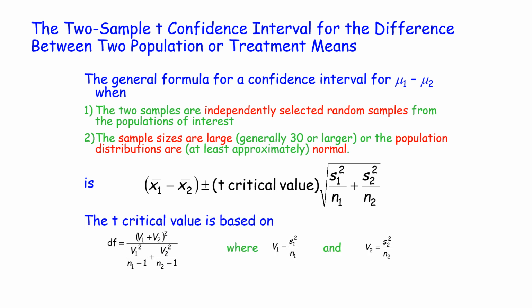The t critical value is based on our degrees of freedom, where v sub 1 again equals s sub 1 squared divided by n sub 1, and v sub 2 equals s sub 2 squared divided by n sub 2. And our degrees of freedom should be truncated to an integer.